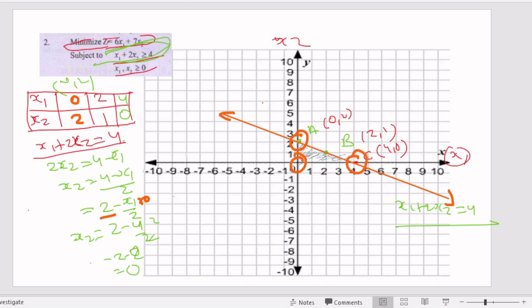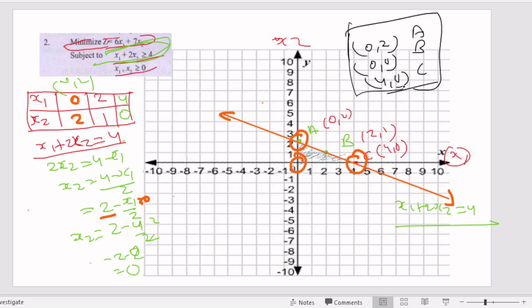So with this particular line plus x1, x2 greater than 0, we have three different points. What are the 3 points? 0 comma 2, let's say point A. Second, 0 comma 0, let's say B. Third one, 4 comma 0, let's say C. 3 different points we got using this graph.